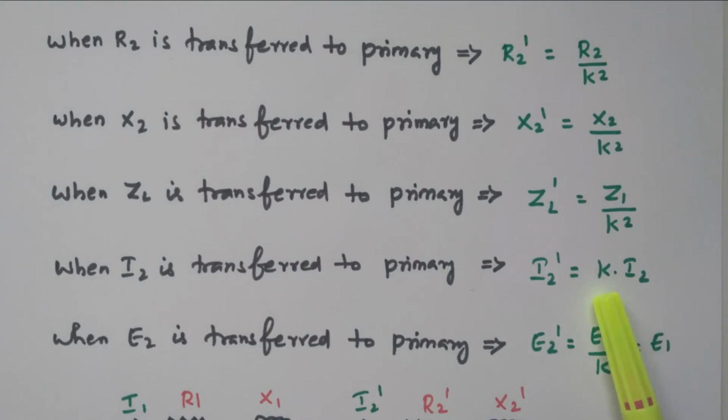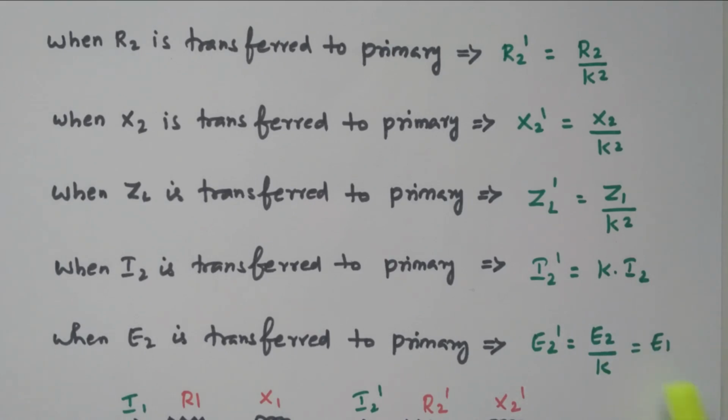We know that the transformation ratio K equals N2 by N1, that is V2 by V1, but for current it is I1 by I2. It is reverse. So all these terms are divided by K square, but current is multiplied by K. It is opposite based on the transformation ratio. Similarly, E2, the EMF induced in the secondary, while transferring to the primary becomes E2 dash, equal to E2 divided by K, that is nothing but E1.